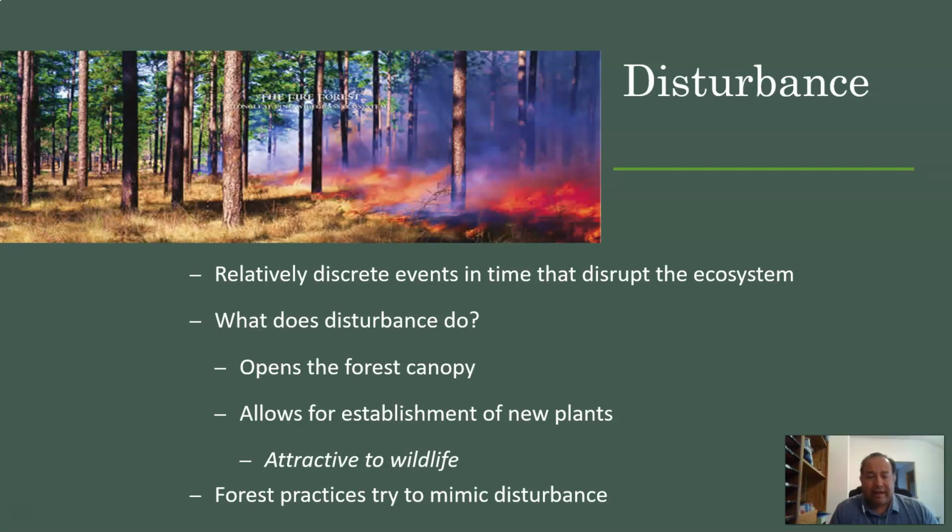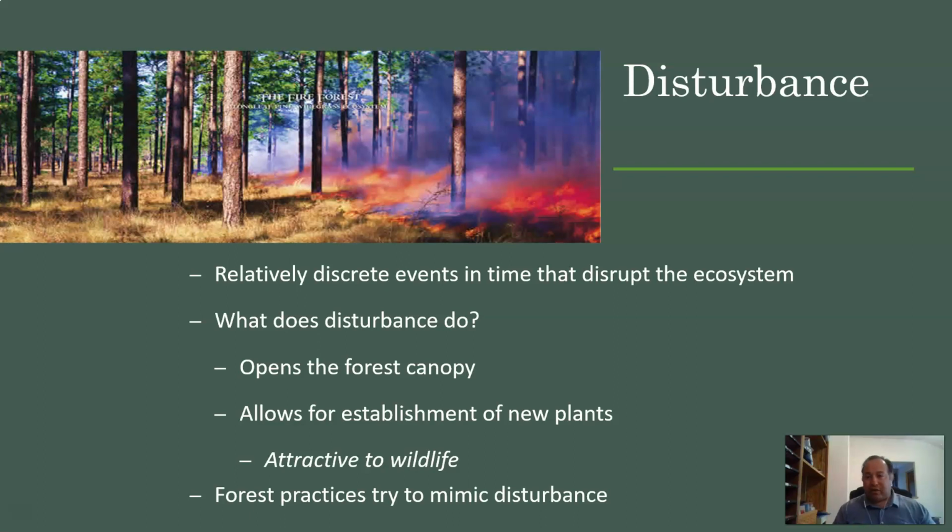Other ones can be insect outbreaks and tornadoes, hurricanes, anything that comes in and disturbs or disrupts the ecosystem and changes things. Usually disturbances are going to open up the forest canopy and allow more light into an area. That's going to allow for establishment of new plants. These areas can be attractive to wildlife.